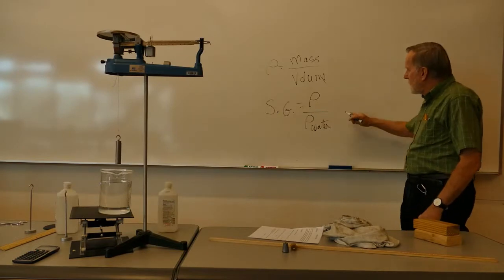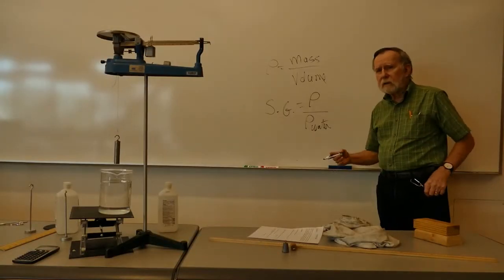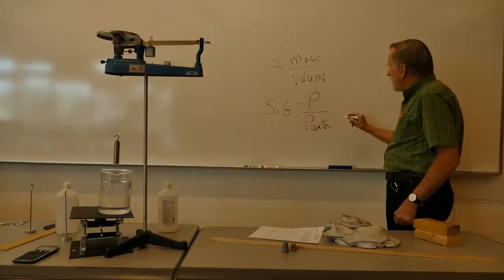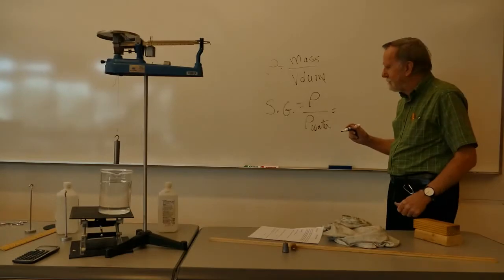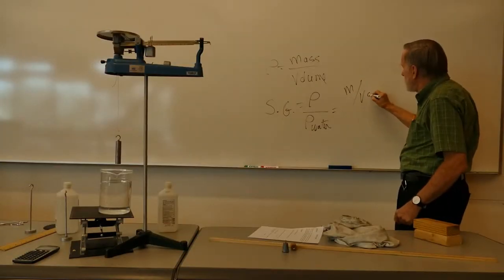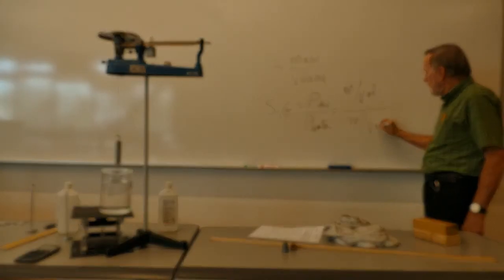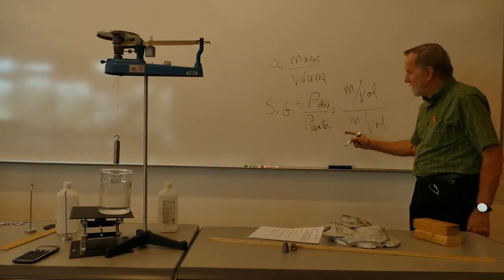Well, we'd like to be able to measure the specific gravity of aluminum and some other materials. We can do that using Archimedes' principle in a very clever way. Since density is mass per volume, if we take the mass per volume of an object divided by the mass per volume of water, that would give us the specific gravity.